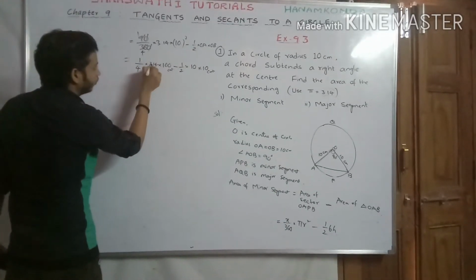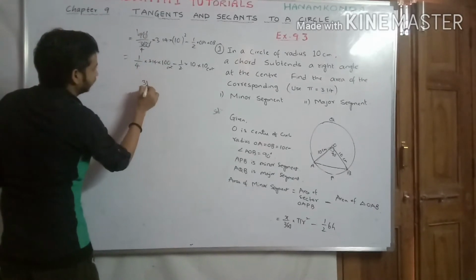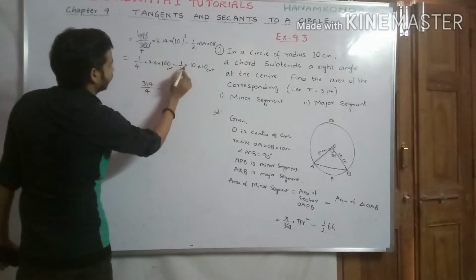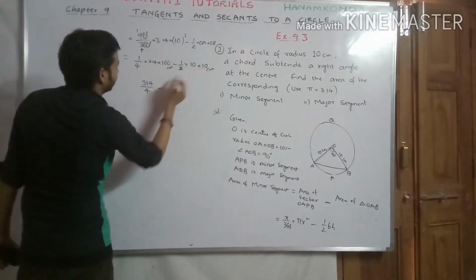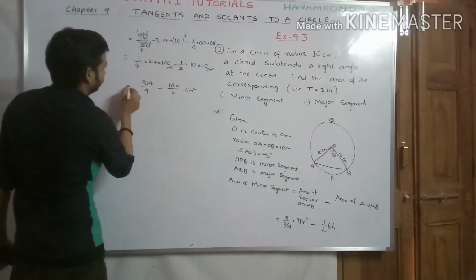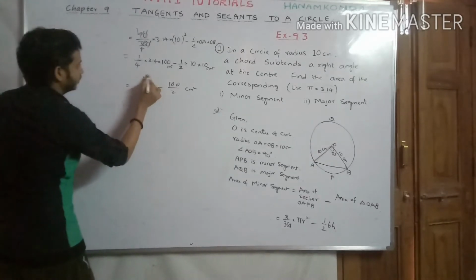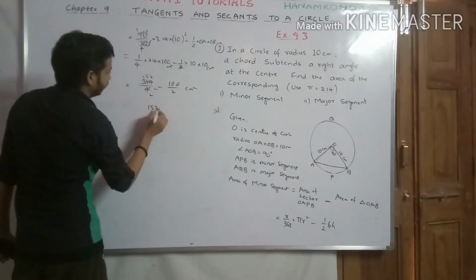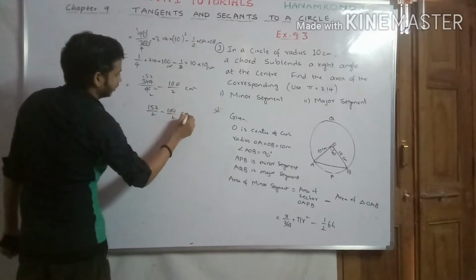So 3.14 times 100 is 314, the decimal point shifting two places to the right, so 314 by 4 minus 100 by 2 centimeters squared. That gives 157 by 2 minus 100 by 2 centimeters squared.